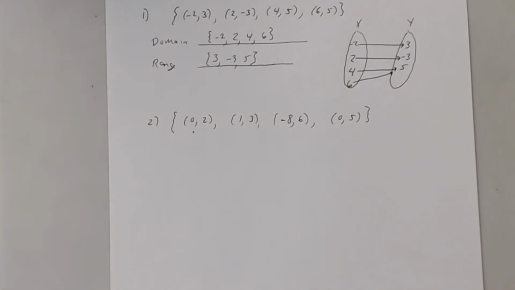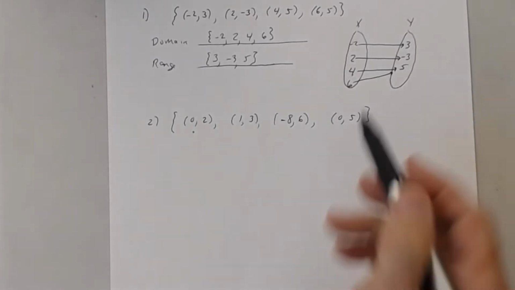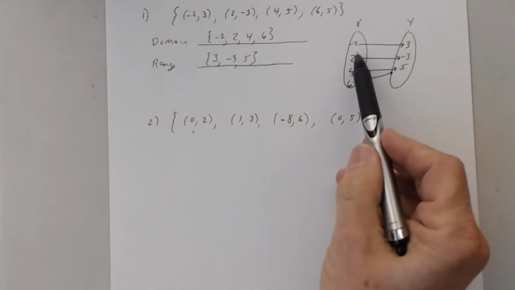Some say yes, some say no. Those that say yes, you're doing good. What's the definition of function? For each x coordinate, there's only one y coordinate. Well, look at this. When x is -2, how many y coordinates are there? Just one.